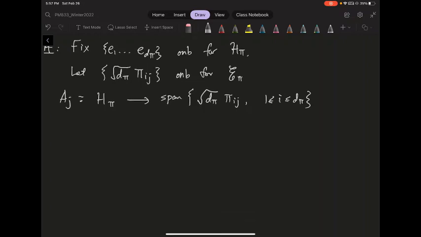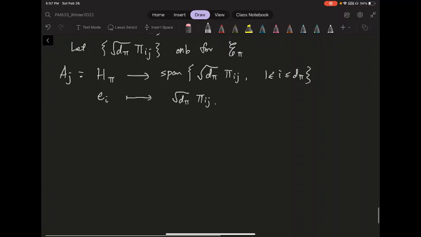A j maps the basis vector e i to the square root of d pi times pi ij. So it maps an orthonormal basis to an orthonormal basis. The right-hand side is only a subspace of E pi, but it is still d pi dimensional, so A j is unitary from its domain to its range.